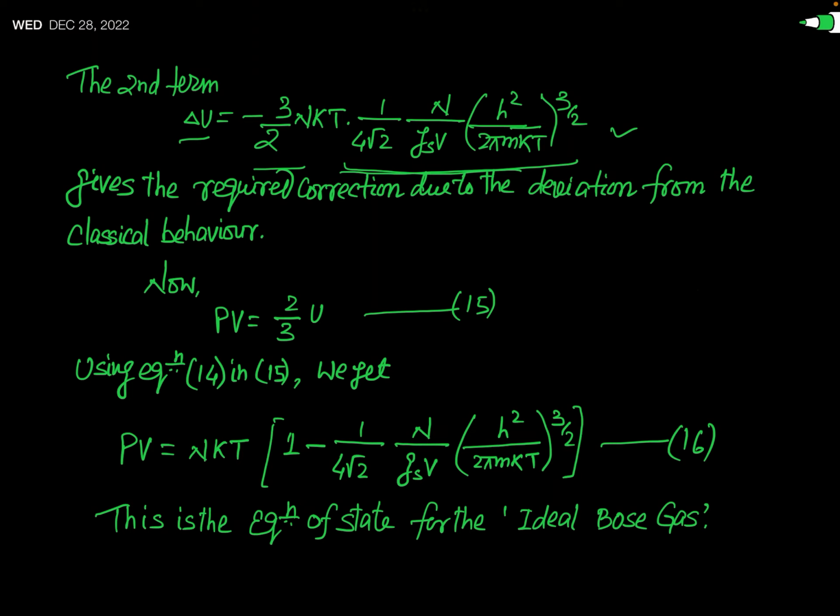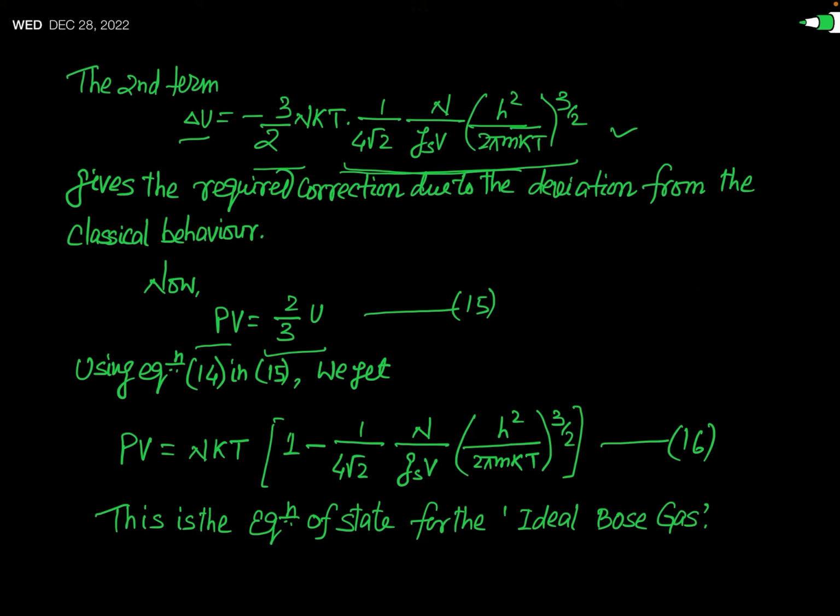Now, you know the relation between the macroscopic parameter PV and the energy U of the gas. Definitely you have studied in the classical kinetic theory of gases that PV is equal to 2 by 3 U. Remember this result. You have studied this in your lower classes.